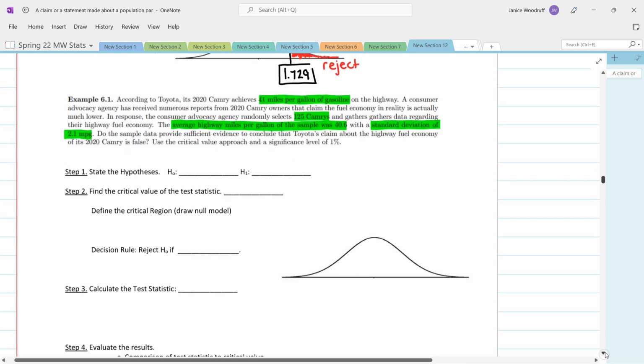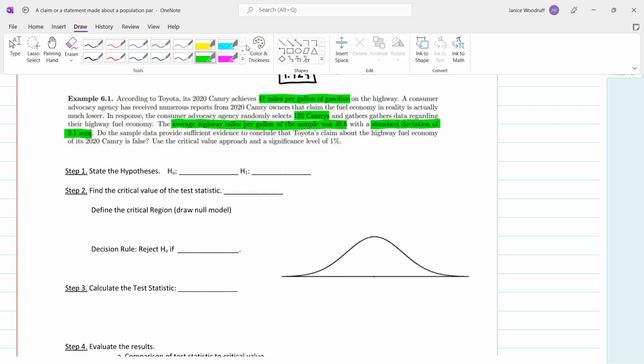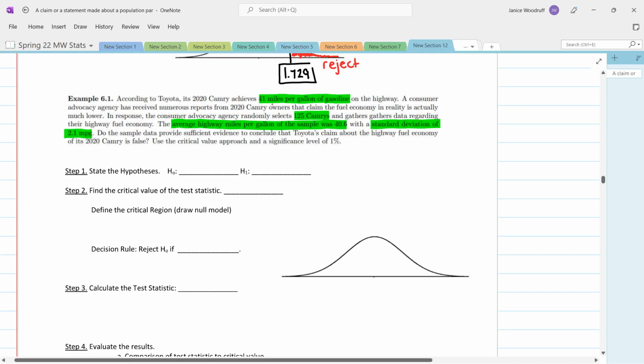Okay, so here's what we have. We are given a claim that the mean is 41 miles per gallon, the population mean of all 2020 Camrys.